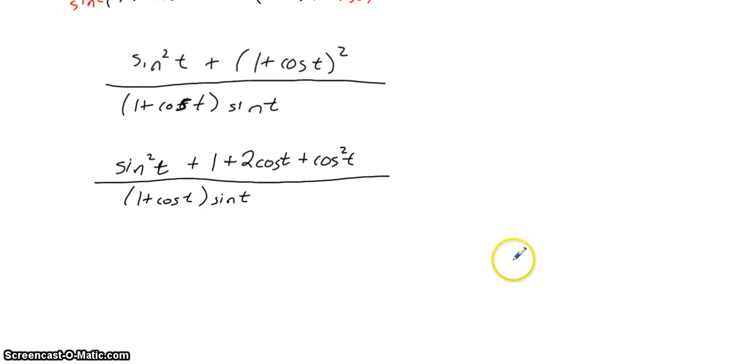I say, how in the world are we going to get 2 cosecants of t? We'll see. We'll get there eventually. Okay, no like terms to combine, I should say. However, sine squared of t plus cosine squared t, that's one of our identities.